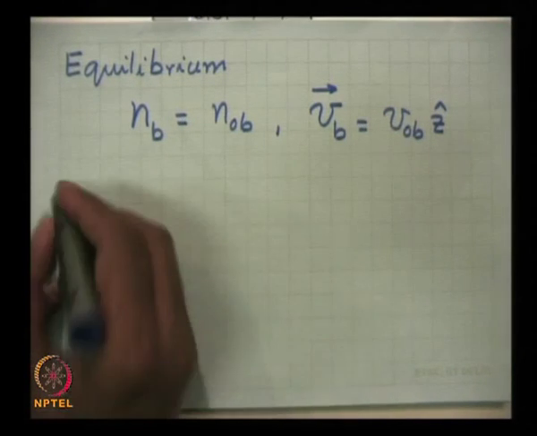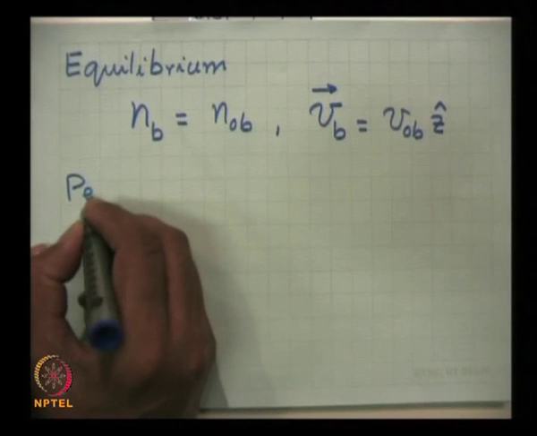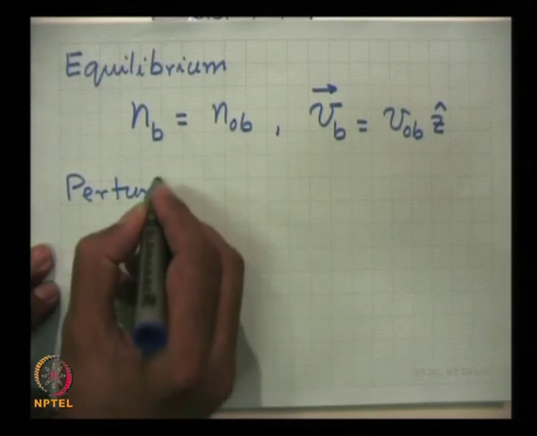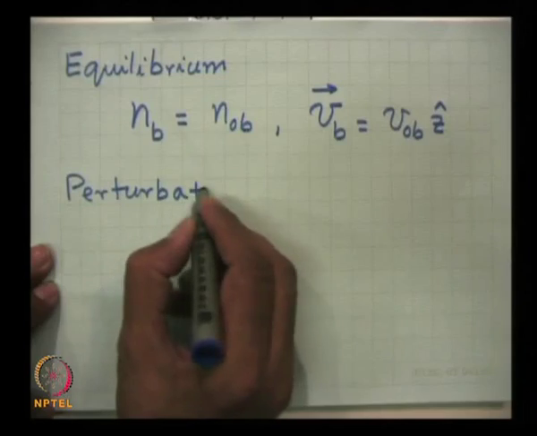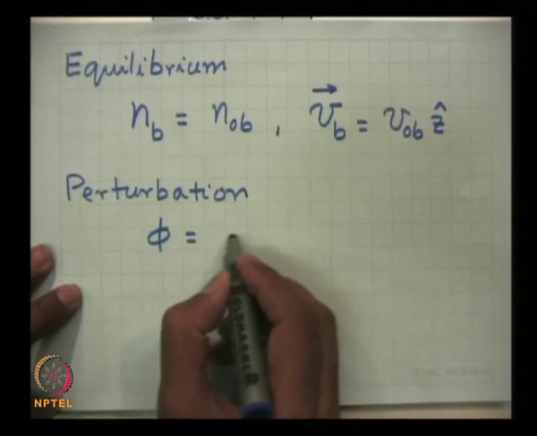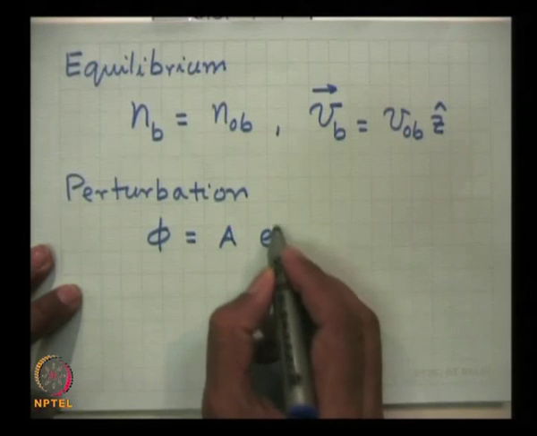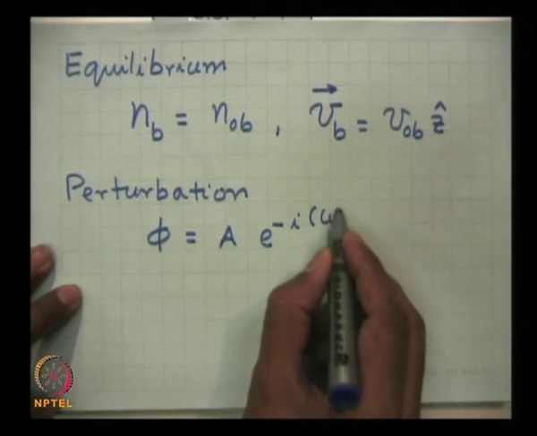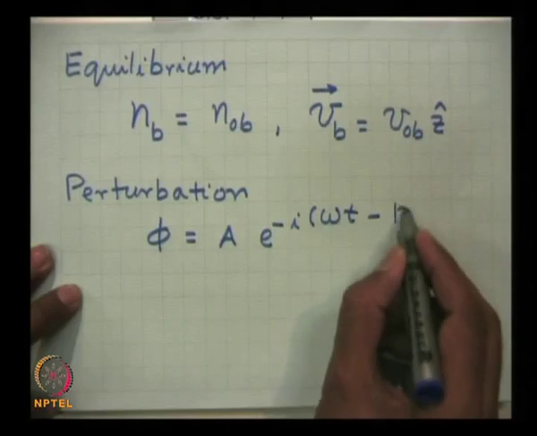Now I perturb this by a plasma wave. The potential of the plasma wave I will take as phi e to the power minus i omega t minus kz as before.